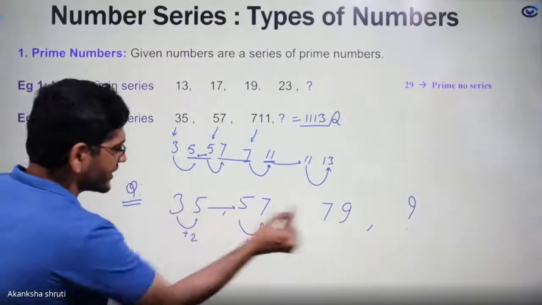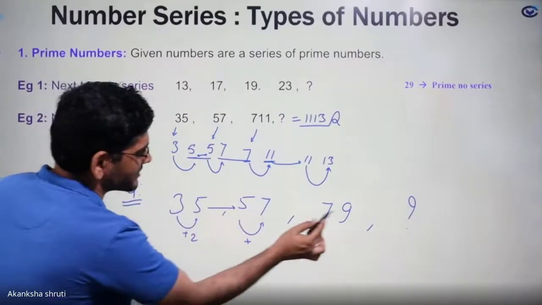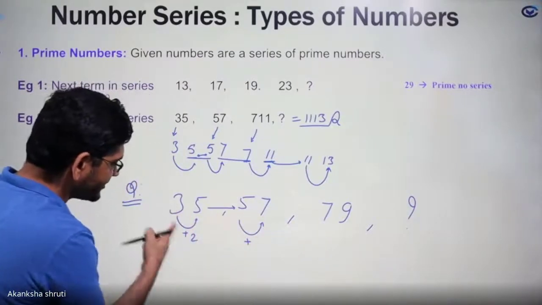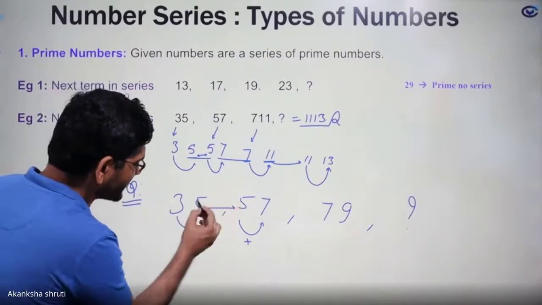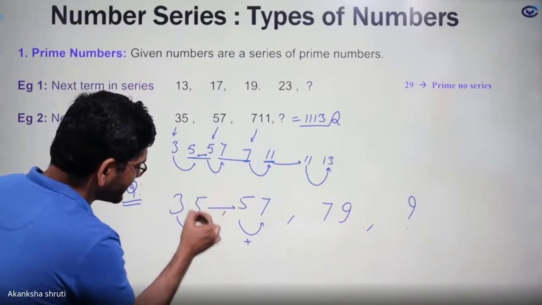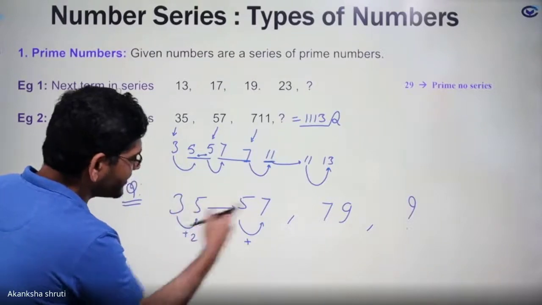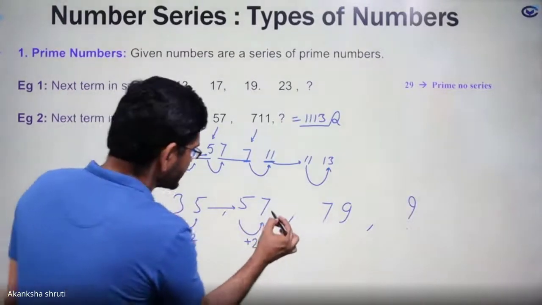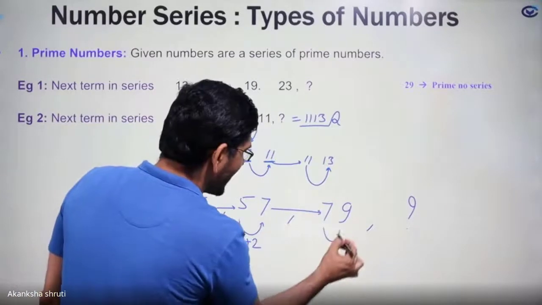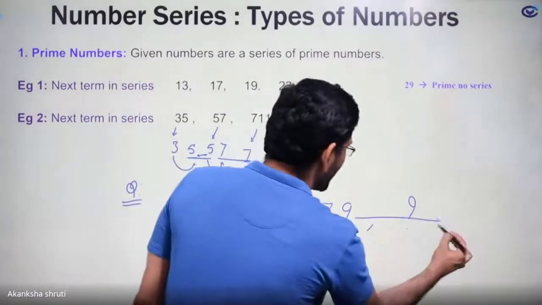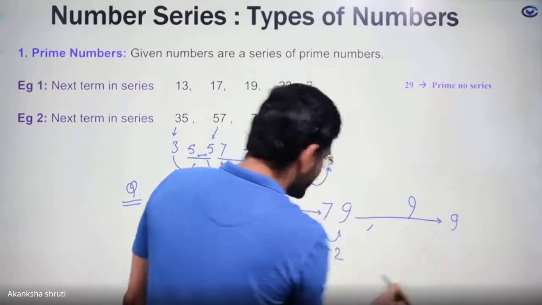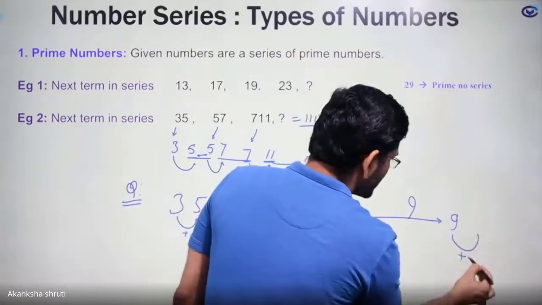If we consider the series like 35, 57, 79, in that case, within the number, the digit is increased by 2. The next number is obtained by considering the last digit of the previous number with the increase by 2. The same 7 is carried here and increased by 2. So the next number will be our 9 with increase of the 2.